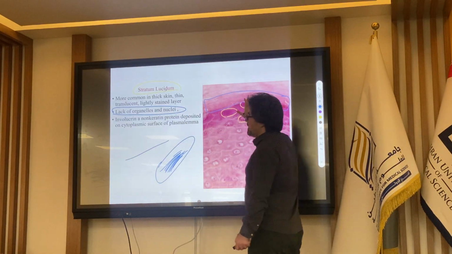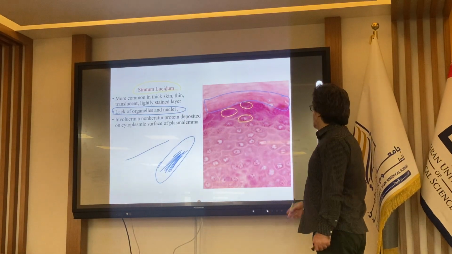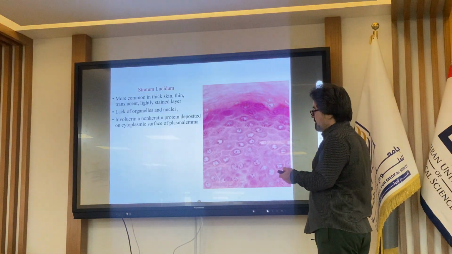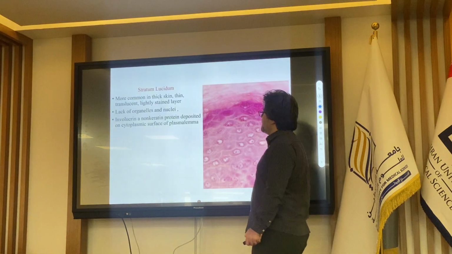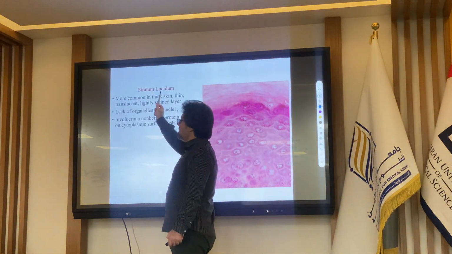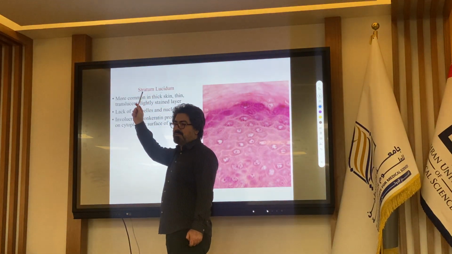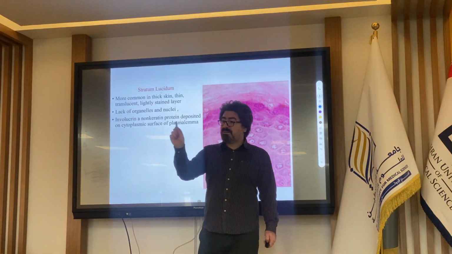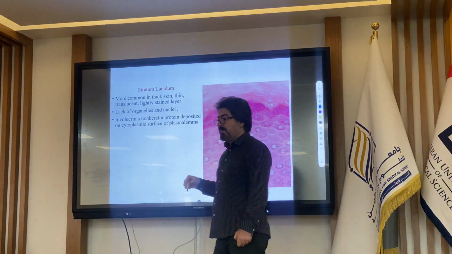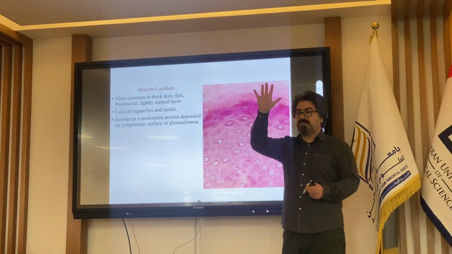So cells here are dead, lacking organelles and nuclei. And another point about this that is so important, this layer is unique, a characteristic just of thick skin, not thin skin. Okay? In the palm and sole.